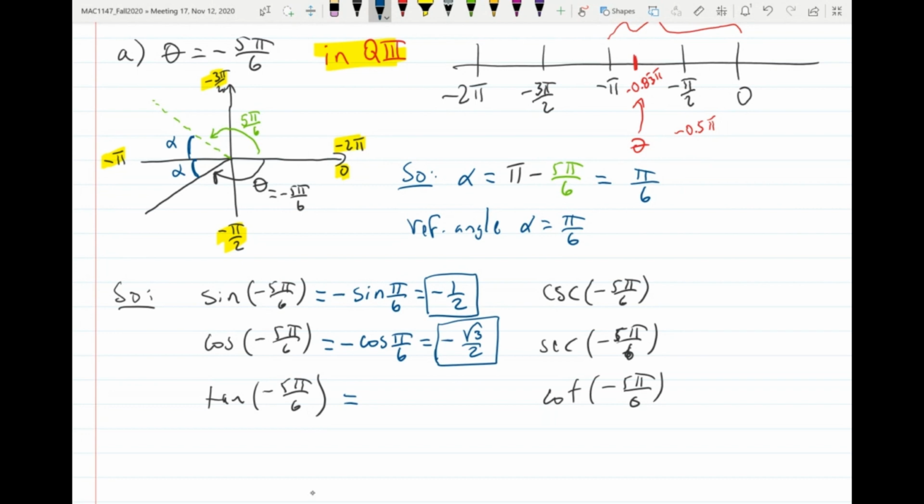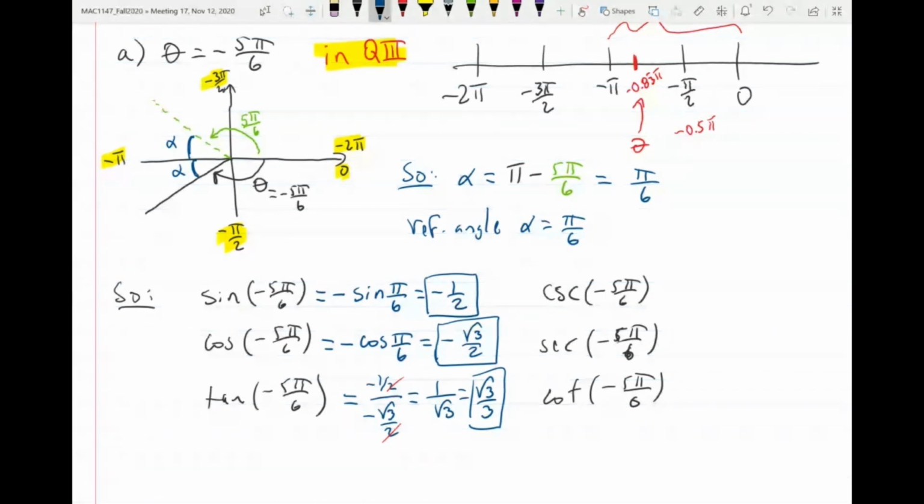So this is negative 1/2 divided by negative square root of 3 over 2. What do we get here? We get 1 over the square root of 3, because the 2's cancel, which would be square root of 3 over 3. Questions about these first 3 values?